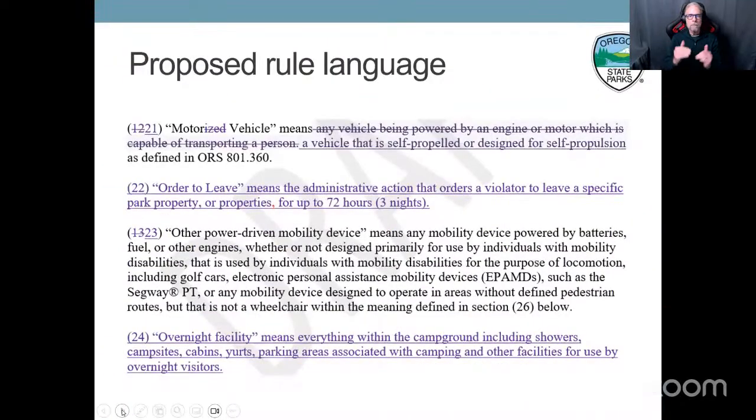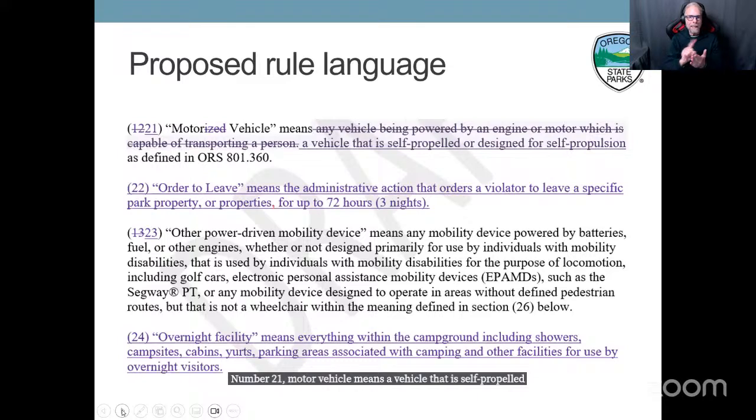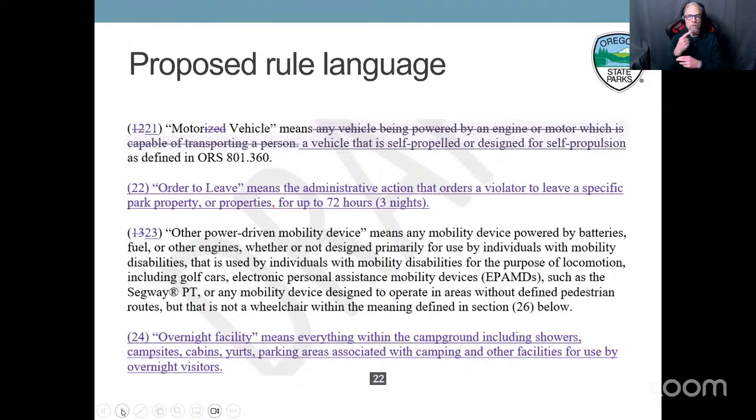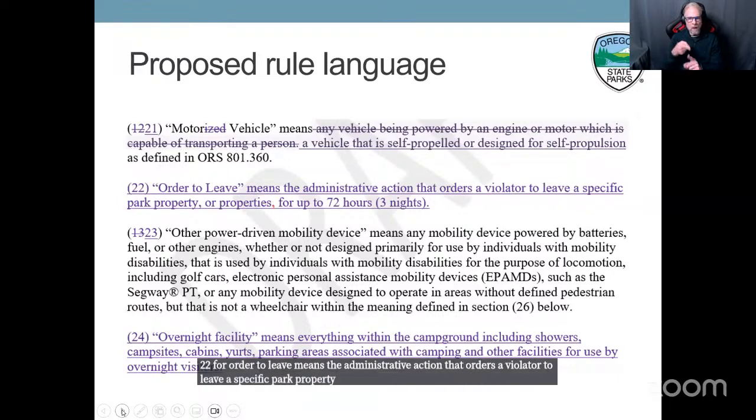Number 21, motor vehicle means a vehicle that is self-propelled or designed for self-propulsion as defined in Oregon Revised Statute 801.360. 22, order to leave means the administrative action that orders a violator to leave a specific park property or properties for up to 72 hours, 3 nights.